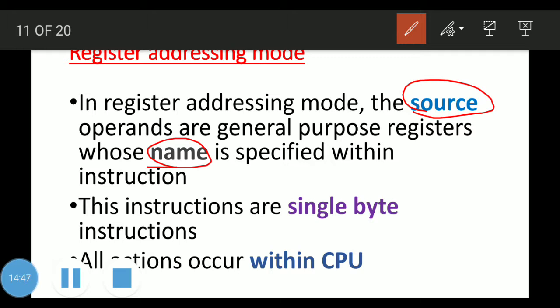Now, what are general purpose registers? Let me list the registers in the 8085 microprocessor that we are going to use.